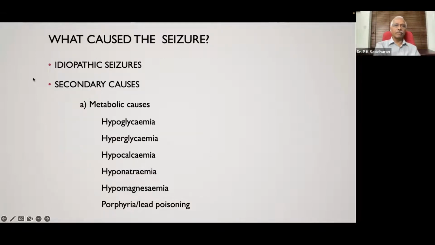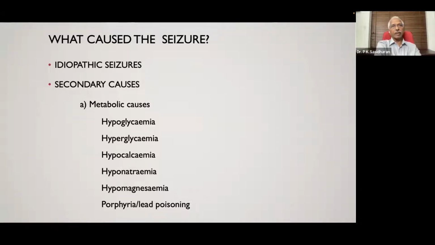After identifying that it is a genuine seizure, we need to look into the causes of seizures. Many of them are idiopathic seizures. Idiopathic seizure refers to no obvious structural disorder, but the patient keeps on getting repeated seizures. People with idiopathic seizures have a seizurogenic focus in the brain, anywhere in the brain.